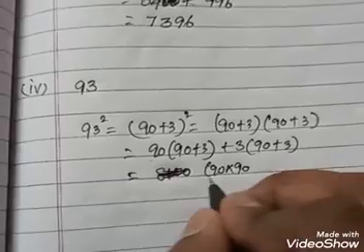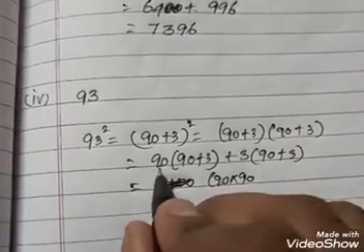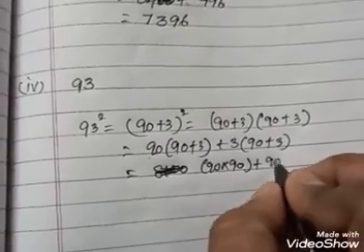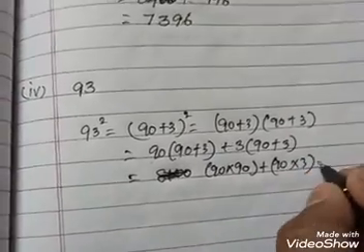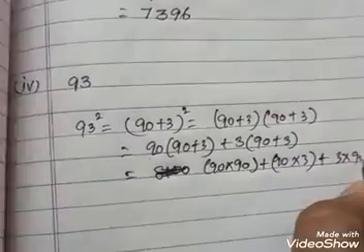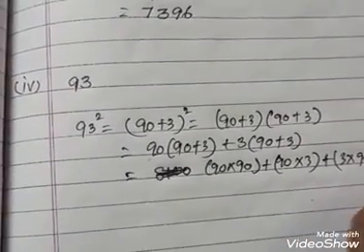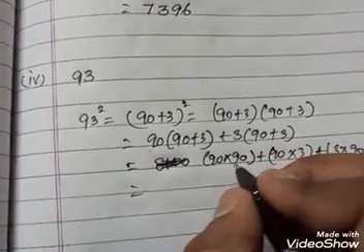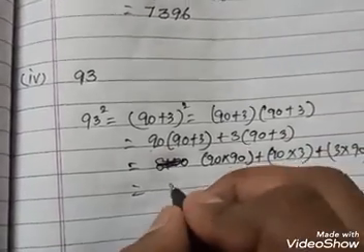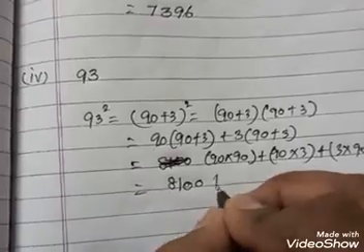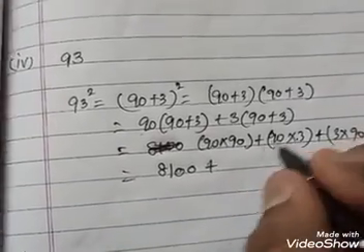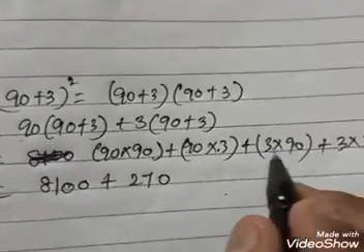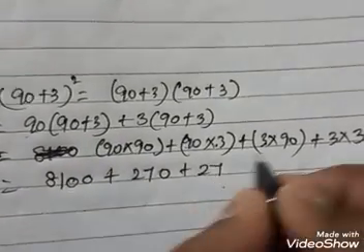If you have confusion, you go with these steps, otherwise you multiply directly. 90 into 90 plus 90 into 3 plus 3 into 90 plus 3 into 3. So 90 into 90 you got 9 9s are 81 and 00, plus 9 3s are 27 and 10. Same way here, 3 9s are 27 and 10.